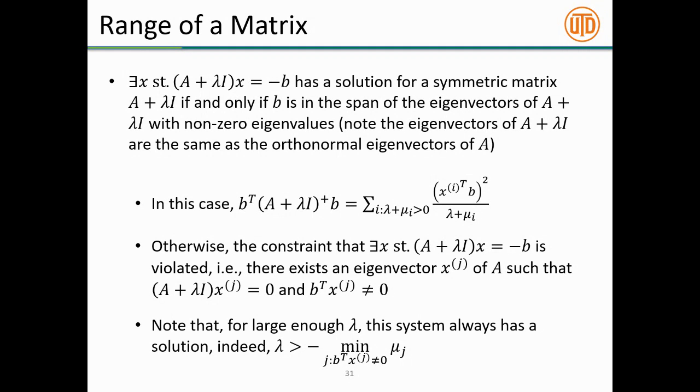Remember, if A plus lambda I is positive semi-definite, then let's say it's equal to Q D Q transpose for some orthogonal matrix Q and diagonal matrix D. Its pseudo inverse is just equal to Q D plus Q transpose.